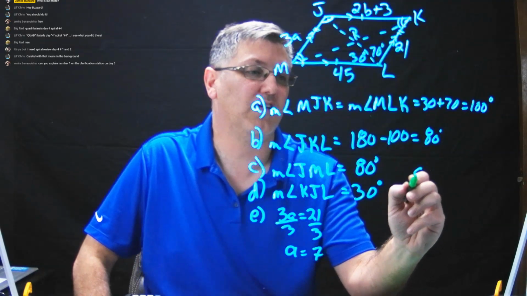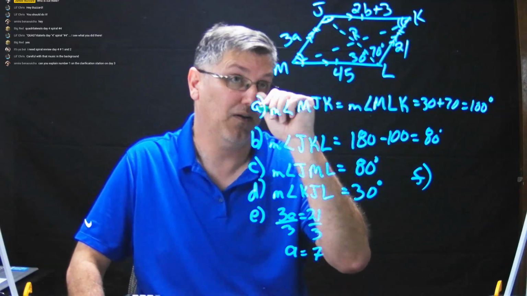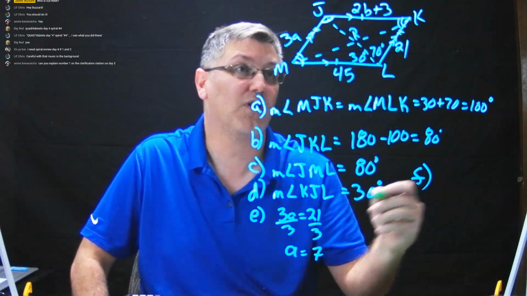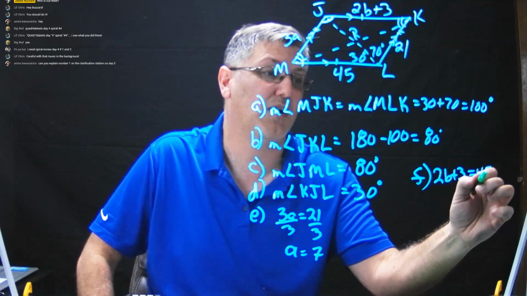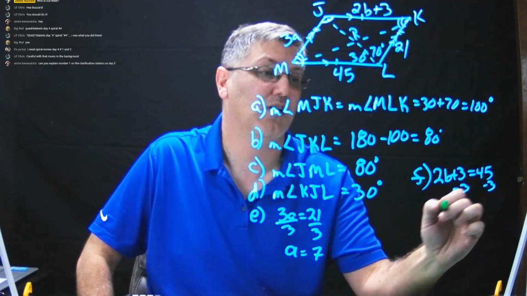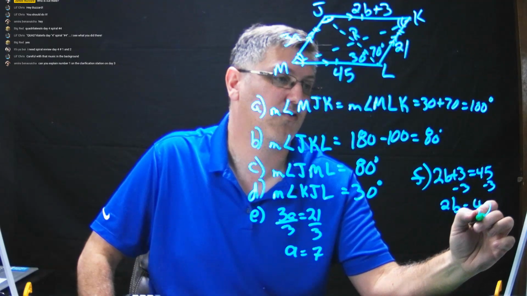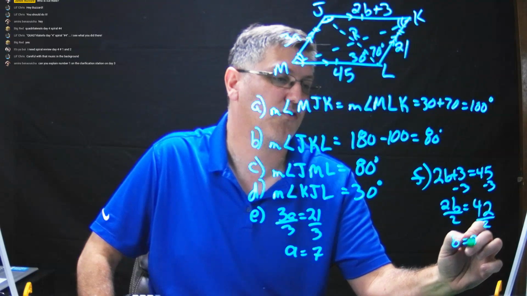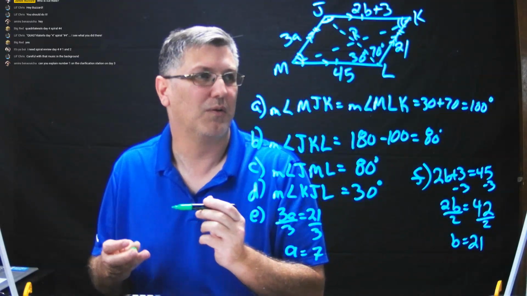Last but not least is F, which asks me to find b. These opposite sides are congruent, so congruent leads to the equal sign to set up our algebra equation. We have 2b plus 3 equals 45. Subtract 3, we get 2b equals 42. Divide by 2, and b equals 21. Not terribly bad.